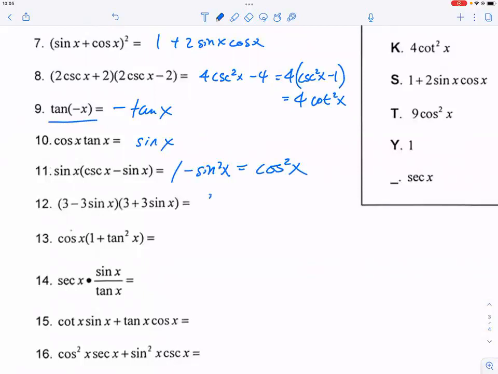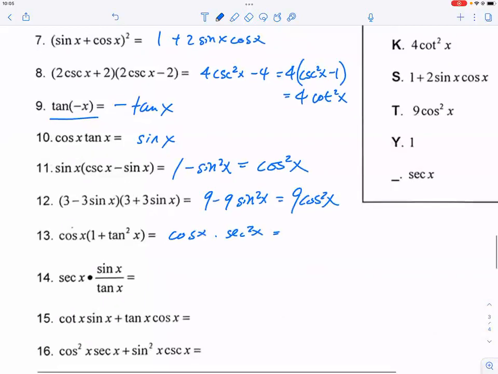All right, so this one, 9 minus 9 sine square x, that gives you 9 cosine square x. Now, I would say this is a really good exercise to push your speed limit. All right, this is cosine x times secant square x, which is just secant x.